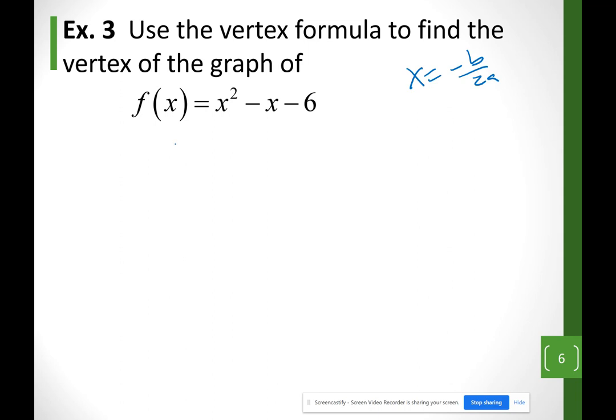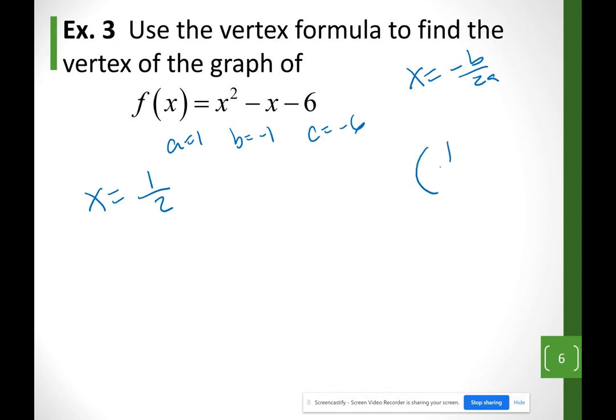I can tell my a is 1, my b is negative 1, and my c is negative 6. So the x value of my vertex is negative b over 2a. Negative of a negative gives me a positive, 2 times a gives me 2, so my x value is 1/2.